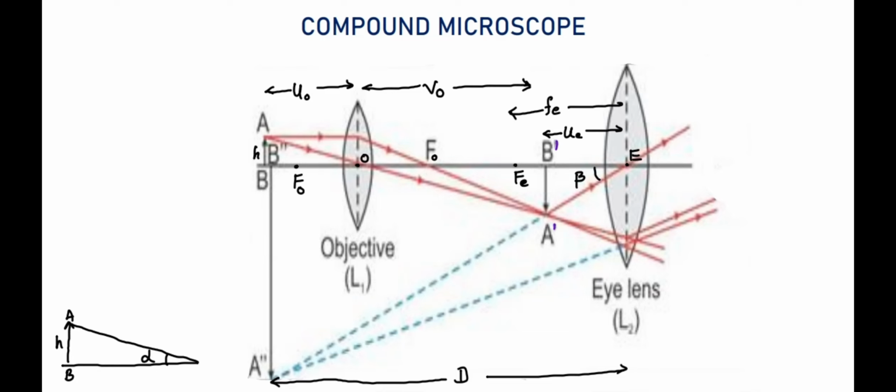See here, the object AB is taken between F0 and infinity.